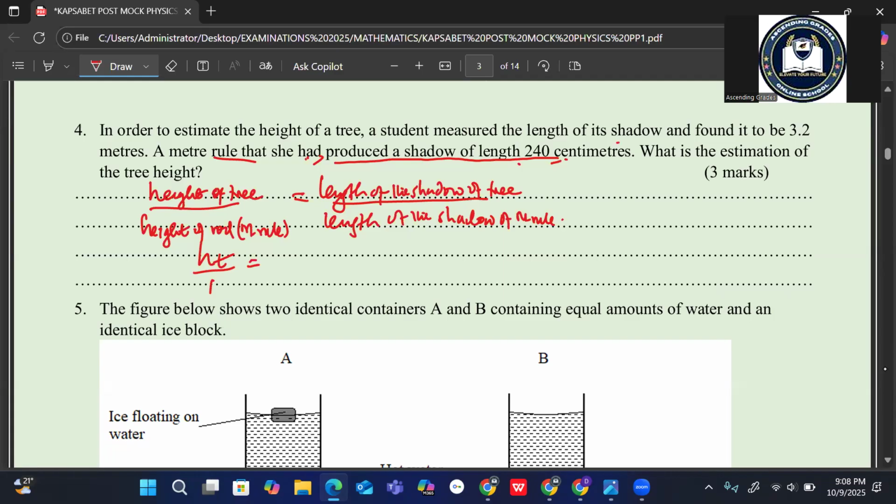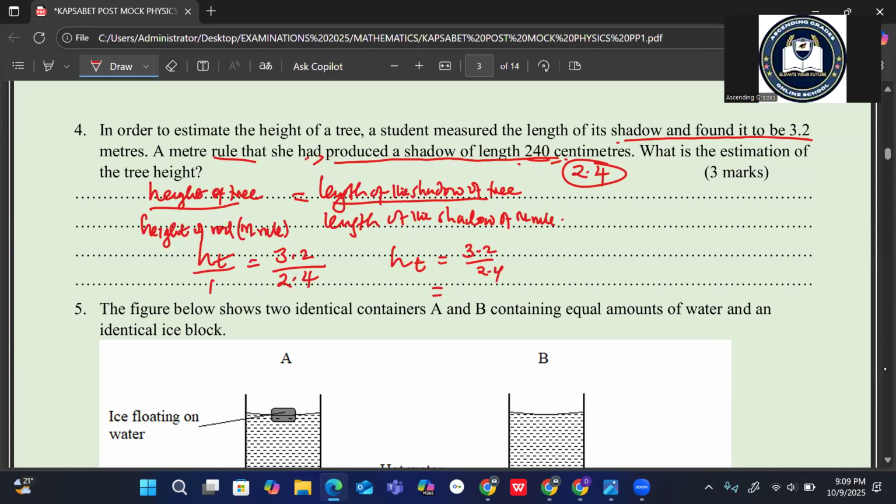We are told that it was 3.2 meters, the length of the shadow of the tree, and the shadow of the meter rule was 240 centimeters. This is equivalent to 2.4 meters. So divided by 2.4. Then the height, HT, if we make it the subject of the formula, becomes 3.2 divided by 2.4.